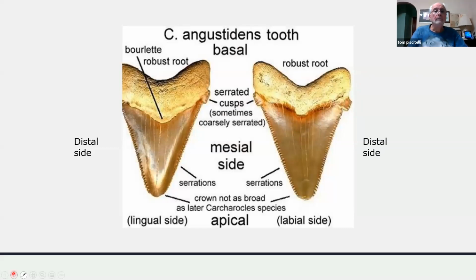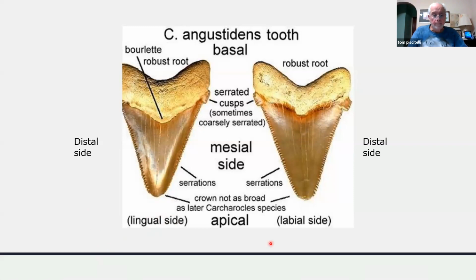There are a lot of the same terms we've been talking about on this picture, but let's review some important features that we have discussed. This picture shows the tooth from the lingual side, which is on the left. It is somewhat convex and faces into the shark's mouth.